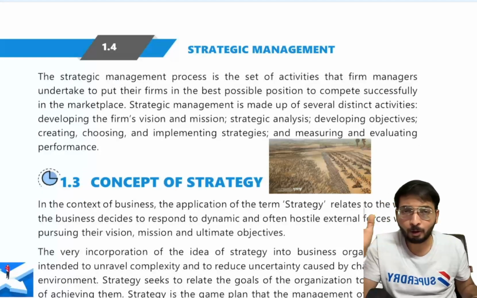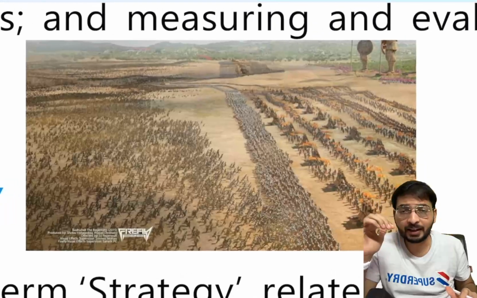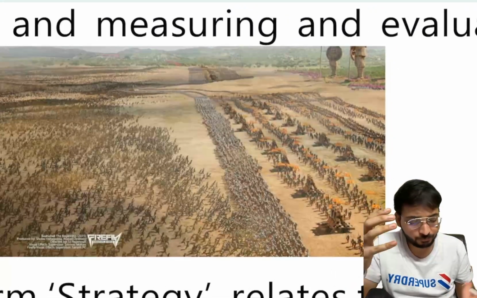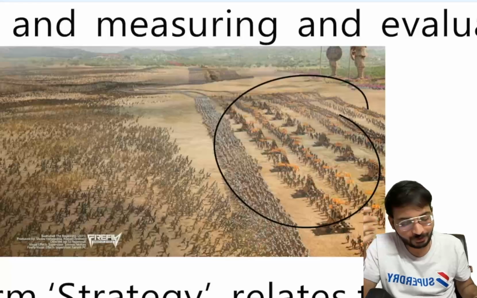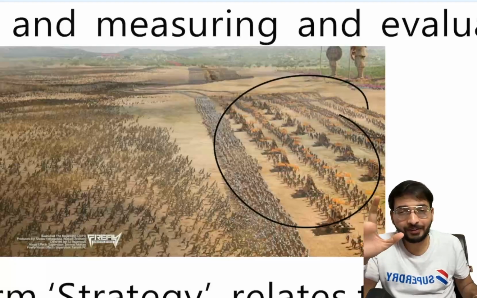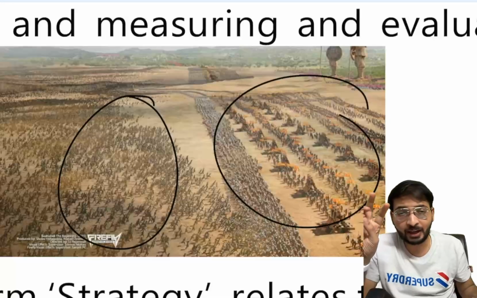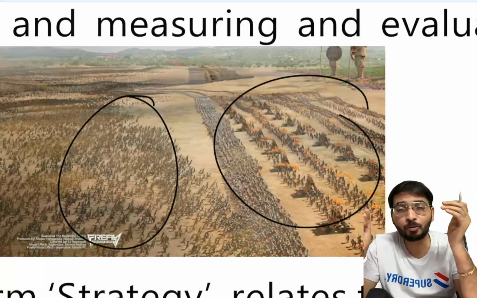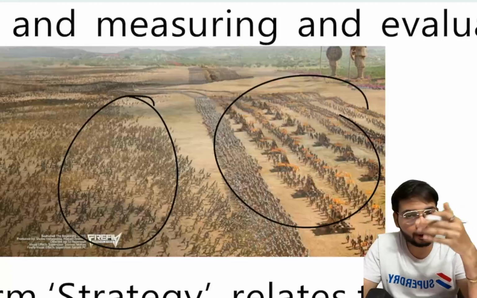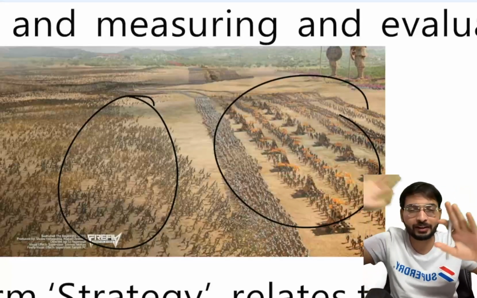Now moving on to the next word, strategy. So you saw Bahubali, right? In Bahubali, before Kalakeya comes on to the war on their kingdom, what will happen? Before the day, Shivagami, Prabhas, Rana, everyone will sit in a war room and discuss: these weapons you take care of, these weapons I will take care of. You take the right side of the army, you take the left side, all this, right?